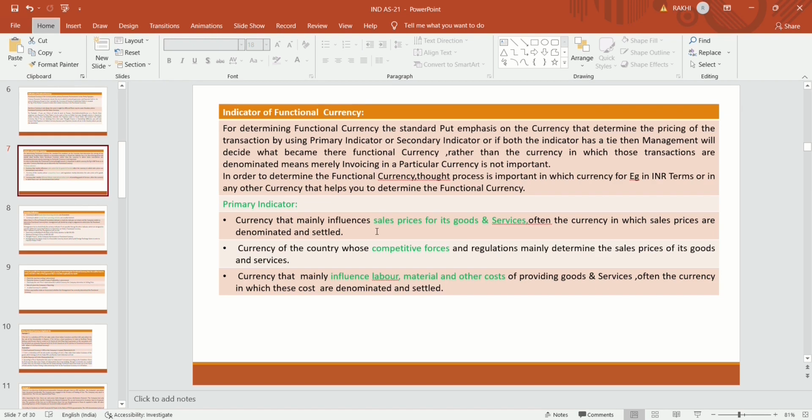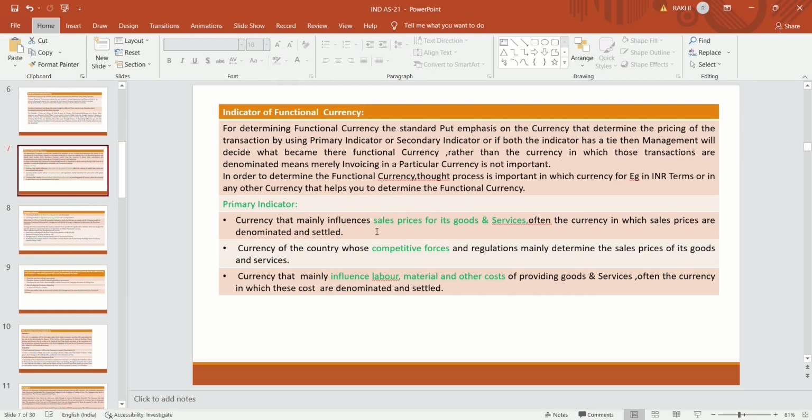So all the costs are paid in INR, but the customer of that organization, which is an Indian entity, belongs to the US market. So all the revenue which the company generates is in USD. They make the invoice in USD. So there is a clash.